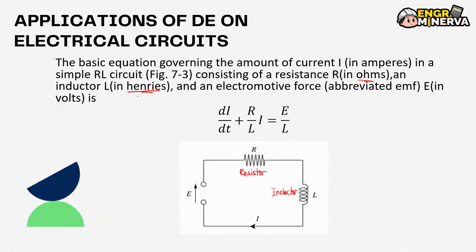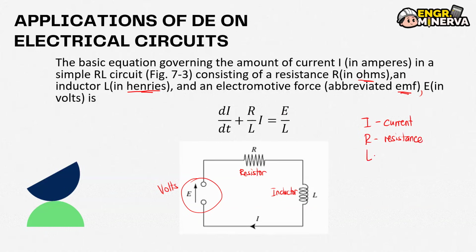And we have here our electromotive force or our voltage source. Take note, your EMF, or the electromotive force, is also called the voltage source, which is measured in volts. Your I represents your current. Your R represents your resistance in our differential equation.